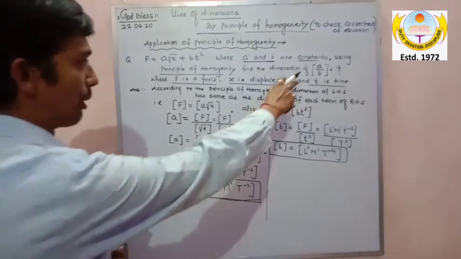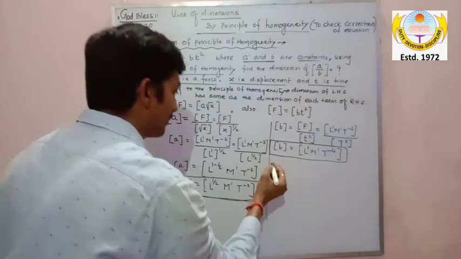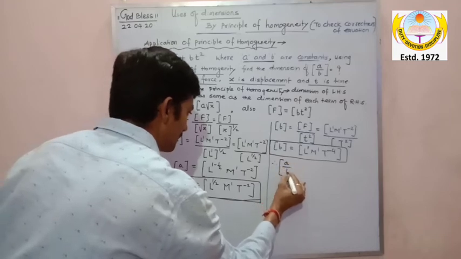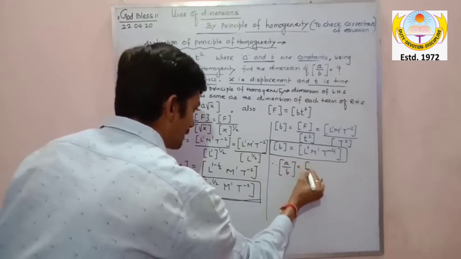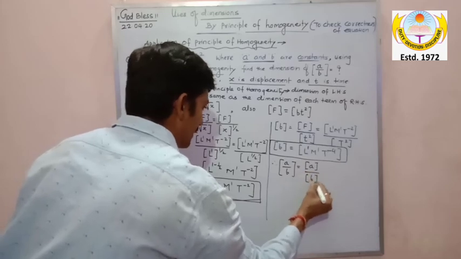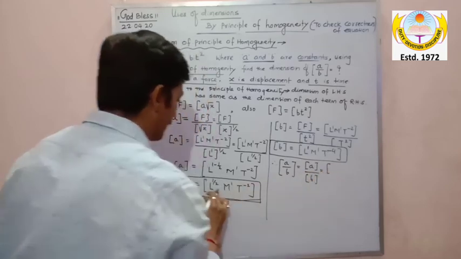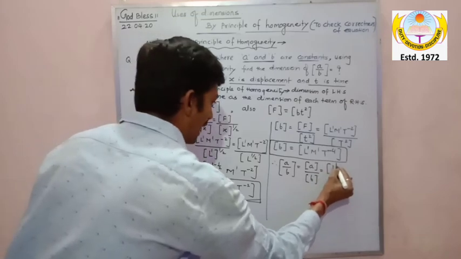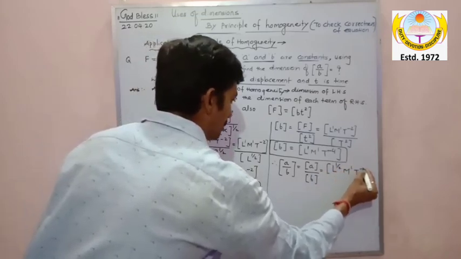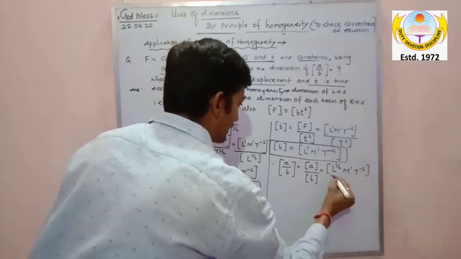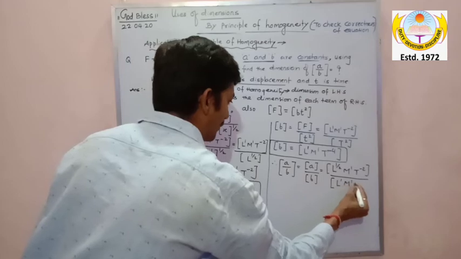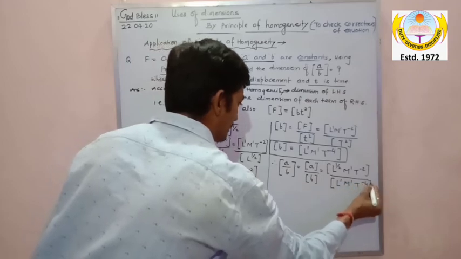But the question is, what is the dimension of A by B? Therefore, the dimension of A by B is equal to the dimension of A divided by the dimension of B. The dimension of A, my dear, I got over here: L power half, M power 1 and T power minus 2. Whereas the dimension of B, I got as L power 1, M power 1, T power minus 4.